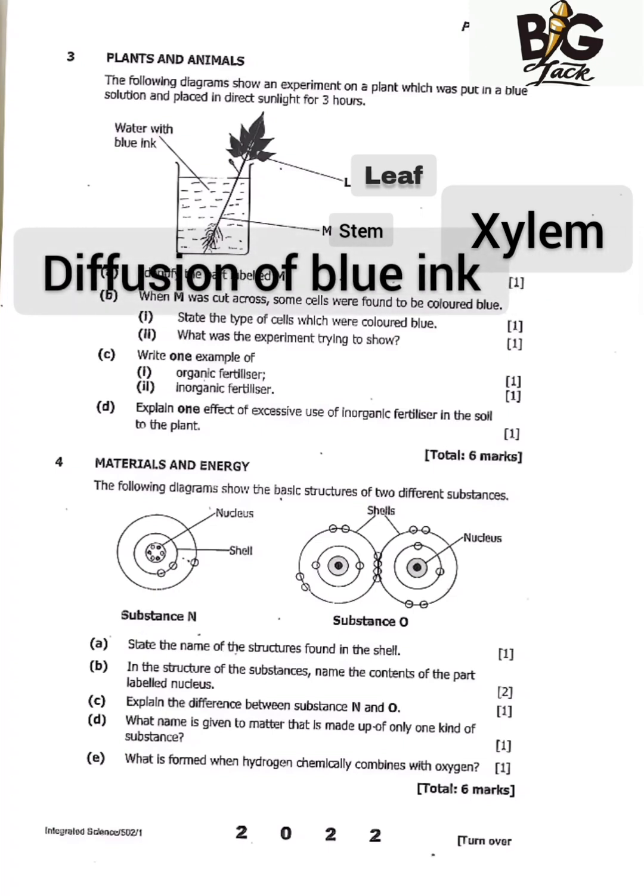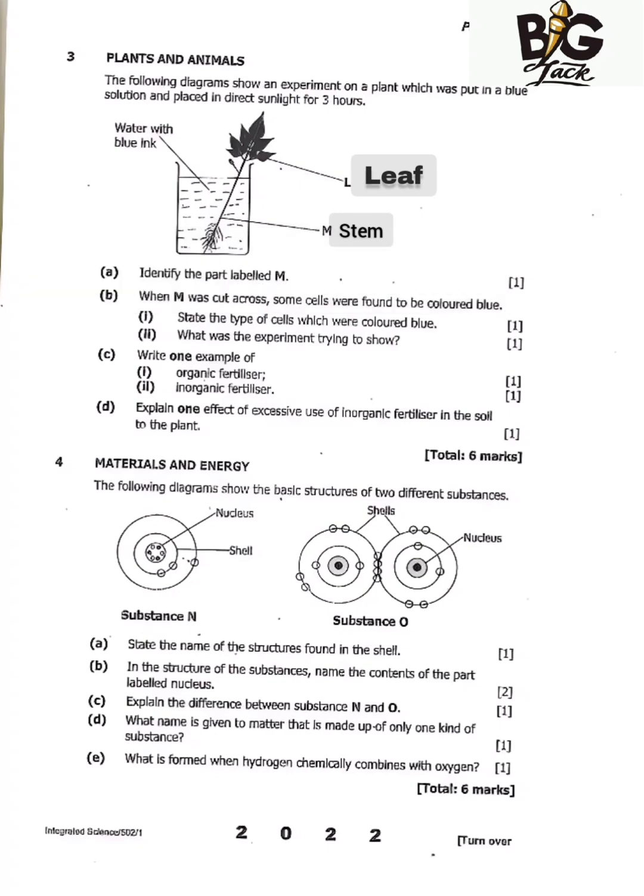Then question C is saying, write one example of organic fertilizer. When you talk of organic fertilizer, these are fertilizers that are produced from living organisms like plants and animals. An example that I'm going to give you here is chicken manure, or rabbit manure, cow manure, pig manure, or green manure.